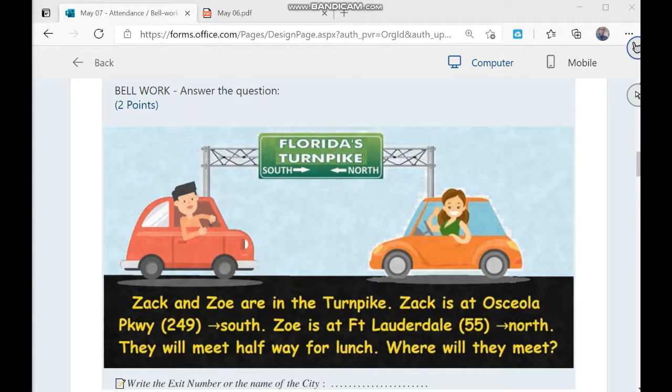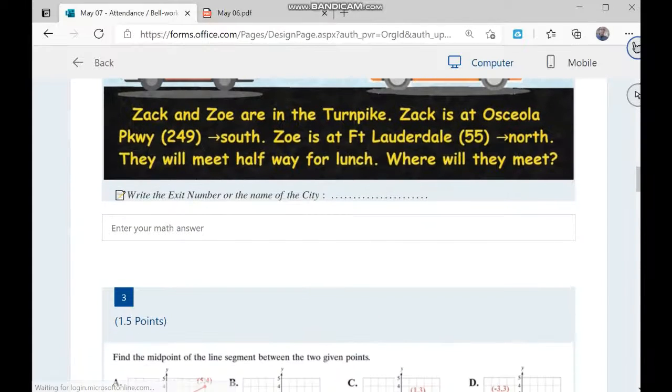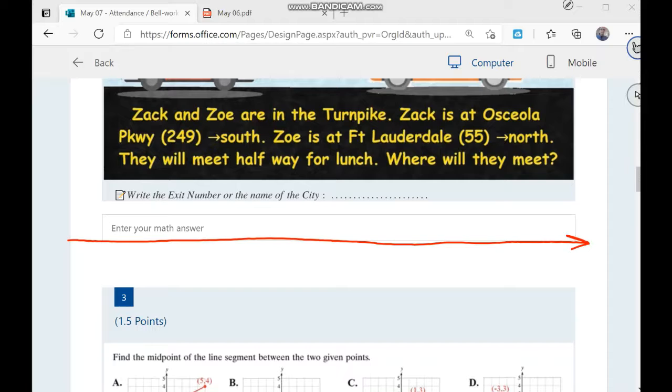Thank you, smiling. Nice. Now let's check what is the right answer. We can think of the turnpike. Let's represent the turnpike as a straight line. I know it's not, but let's represent it as a straight line. This is south, and this is north.